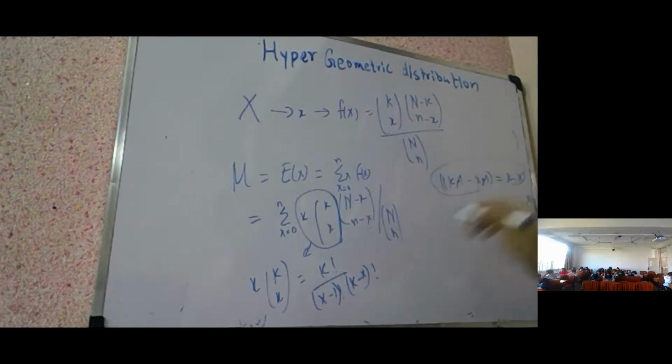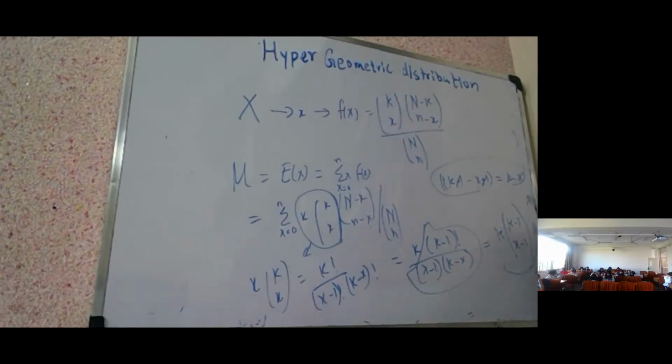So based on this, we can rewrite this as k times (k minus 1) factorial upon (x minus 1) factorial and (k minus x) factorial. This gives us the combination: k times (k minus 1)C(x minus 1), right?